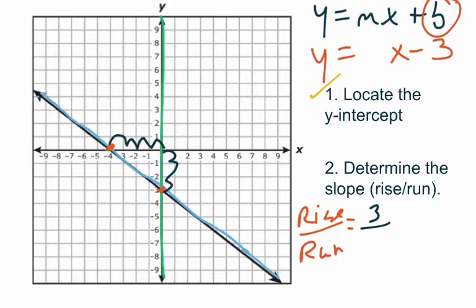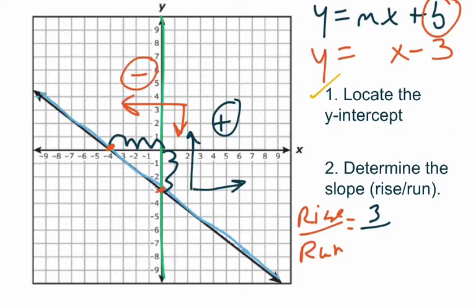When you go up, counting up on the rise, up is positive. So that was like a +3. But you'll notice this time when we did our run, we moved left. When you move left, you're moving negatively on a number line, okay? So when you move left or if you move down, you are moving negative spaces on a number line. If you move up or you move right, you're moving positive spaces.